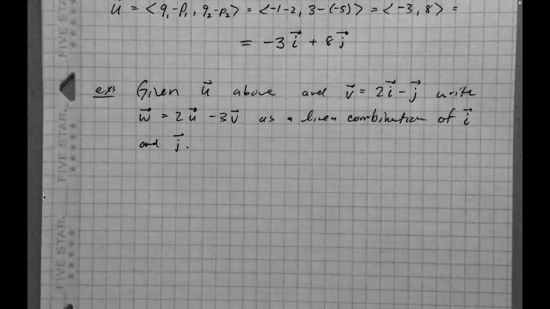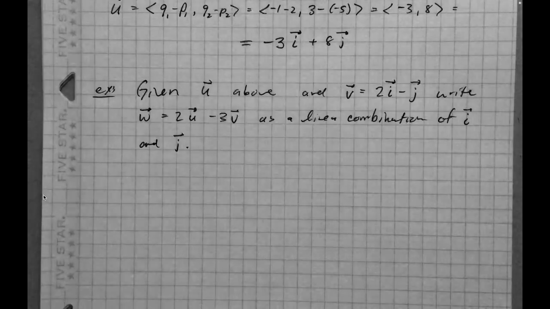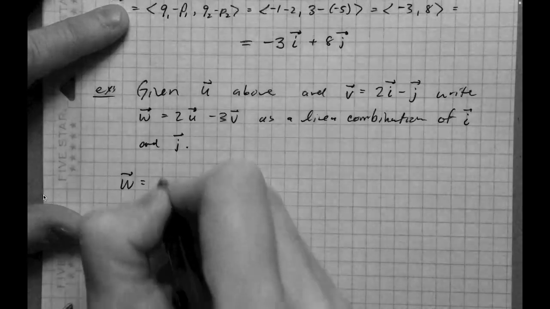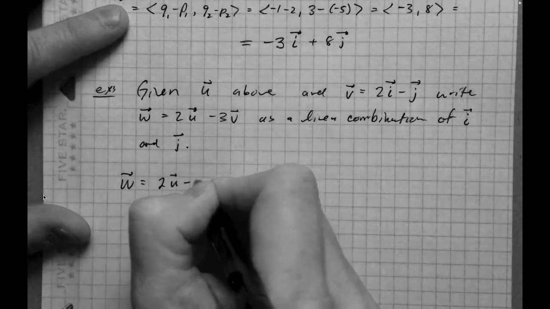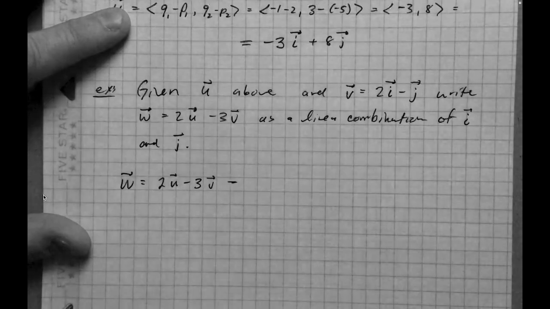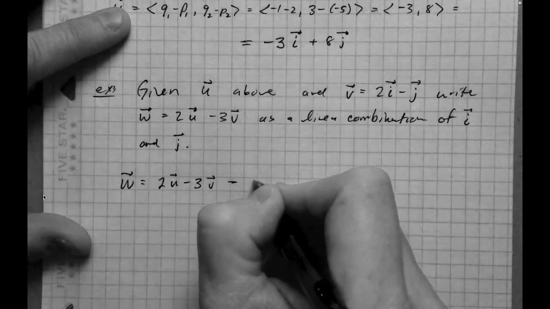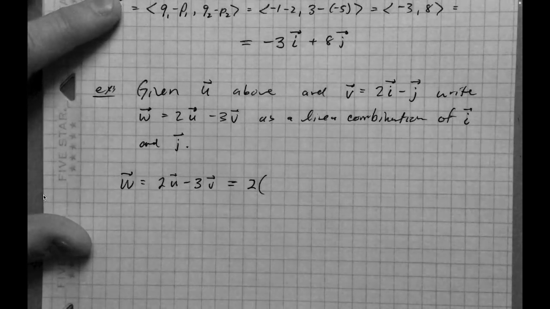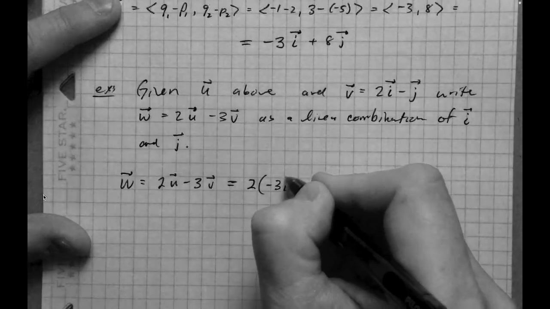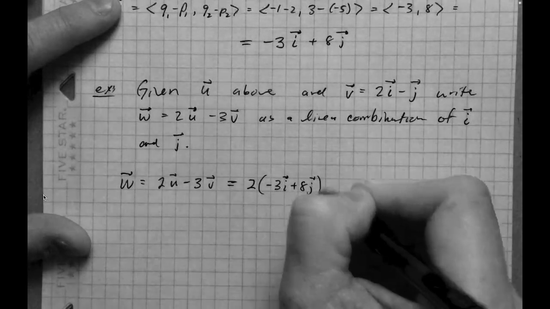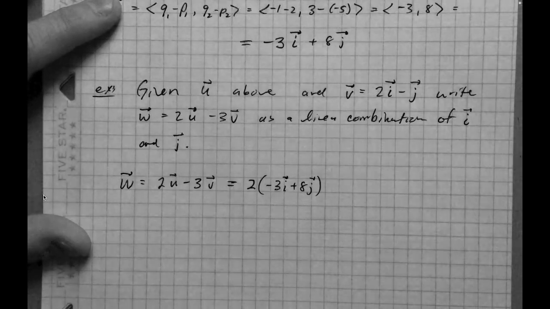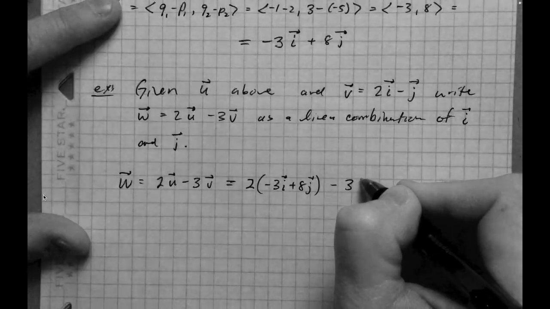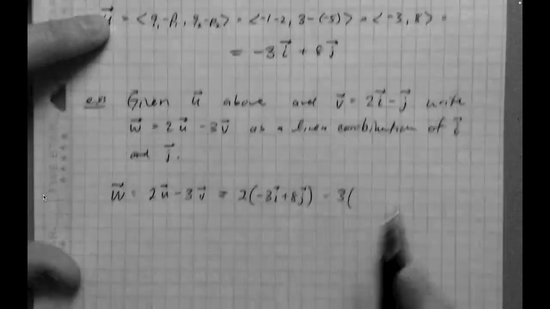Okay, we can do this. So w is equal to 2 times u minus 3 times v. What was u? Well, that was what was above, so u is -3i plus 8j. And we want to subtract from that 3 times v, which is given up here as 2i minus j.